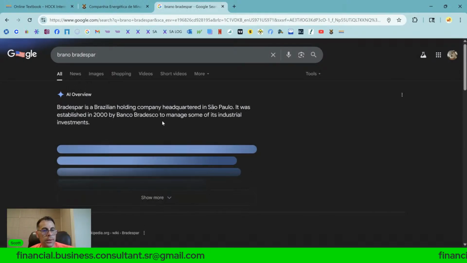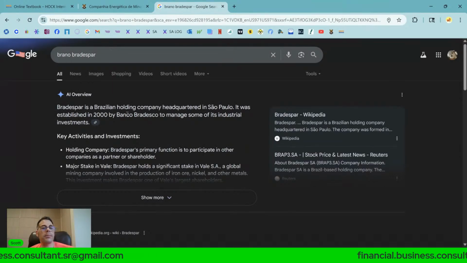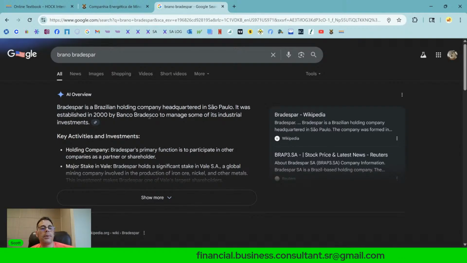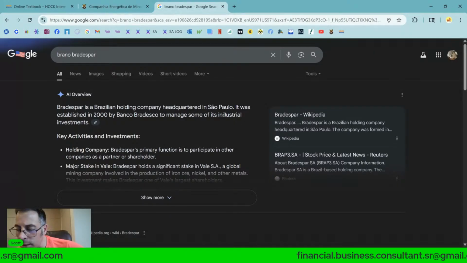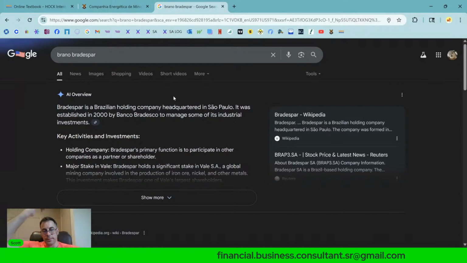Well, that's news to me. Bradespar is a Brazilian holding company headquartered in Sao Paulo. It was established by Banco Bradesco. It looks like it's the same company. Bradespar is a holding controlled by Bradesco. It holds 3% of Vale. Okay, well, you learn something new every day.